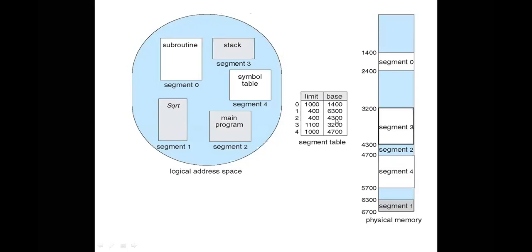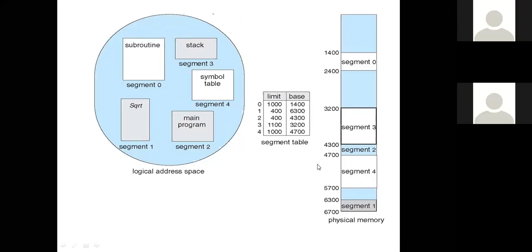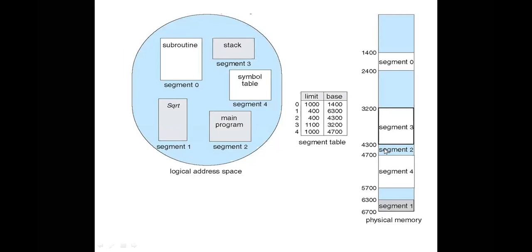Like that, segment 2 starts at 4300 and the limit is 400. If we add both, we get the ending address 4700. Like that, segment 3 starts at 3200 and it ends at 4300. Why?